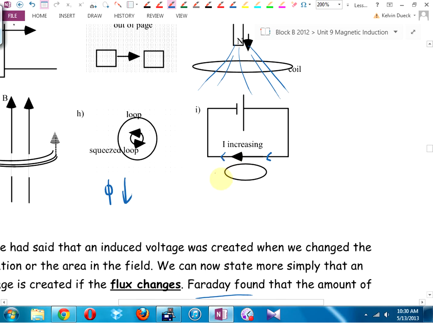I think below the wire, the magnetic field is that. Yes? What do you think happens to the strength of the magnetic field if I beef up the current? Bigger. So what happens to the flux? Bigger.